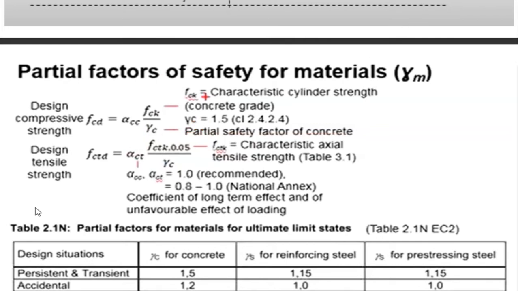For the steel, the tensile steel, the same applies, you divide because that is the material. But the value here is about 1 as recommended, and it is valid. It is about 0.8 to 1. So this is the coefficient.